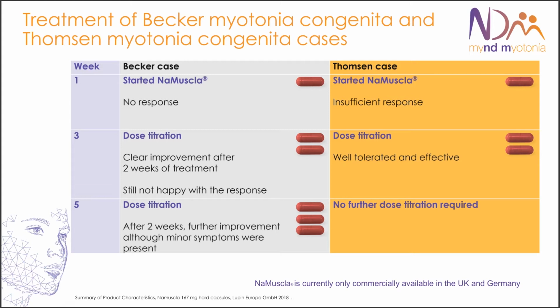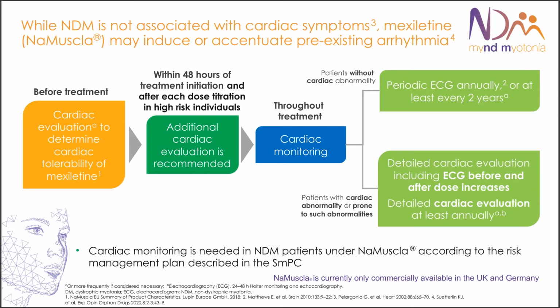And the patient, after 2 weeks, had a further improvement, although minor symptoms were present. We then moved to the Thomsen case. We started NaMuscla 1 pill per day without a complete response. We increased to 2 pills per day, and the patient tolerated it very well and it was effective, and we decided to stop there. So it's important to follow up patients with cardiac evaluation.